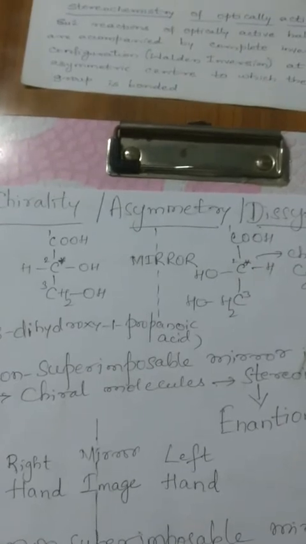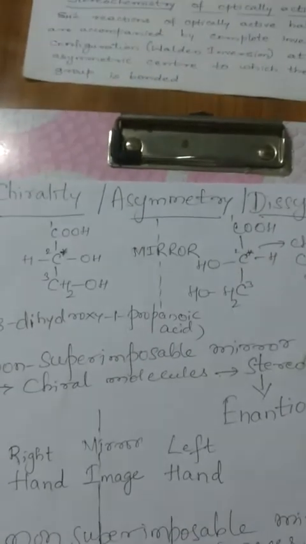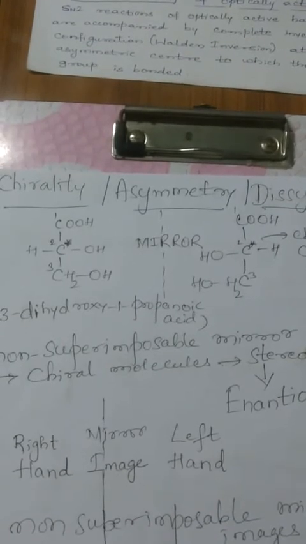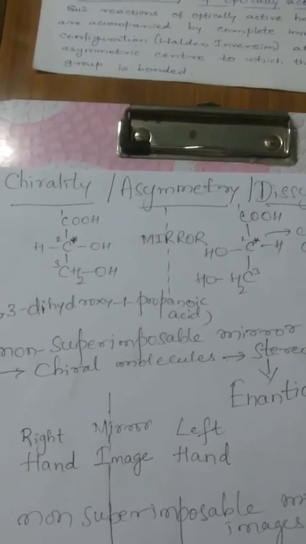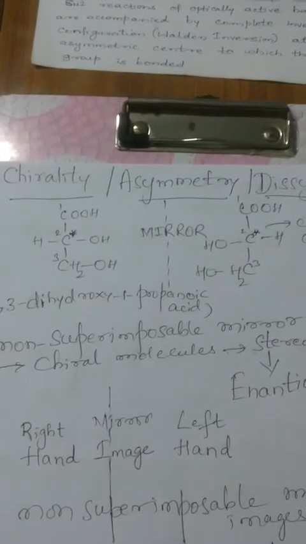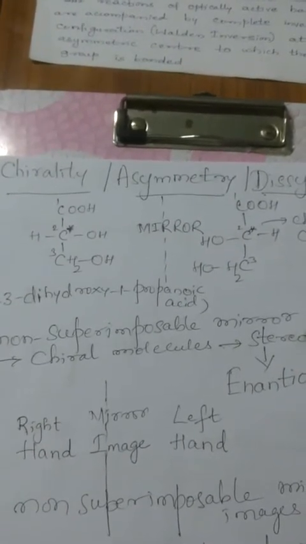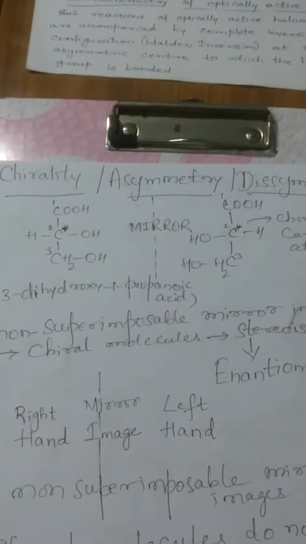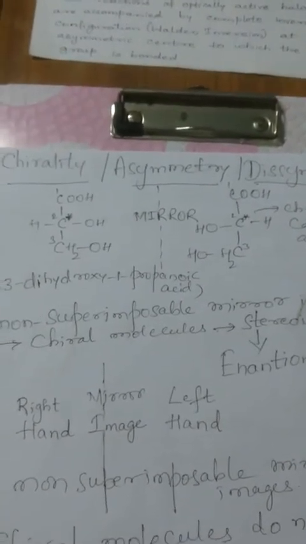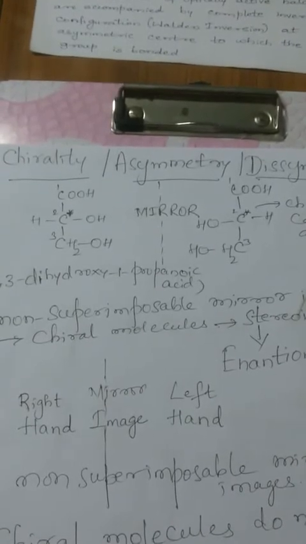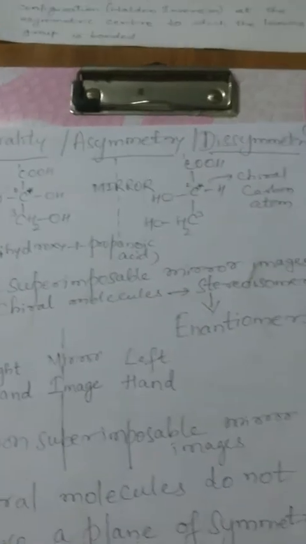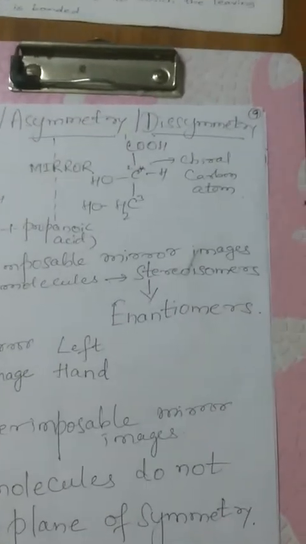So optical isomers are constituted by a molecule and its mirror image, which have different three-dimensional arrangements in space. If one isomer is dextrorotatory, then the corresponding mirror image will be levorotatory, that is D and L compound. Now these stereoisomers, which are non-superimposable mirror images, are called enantiomers.